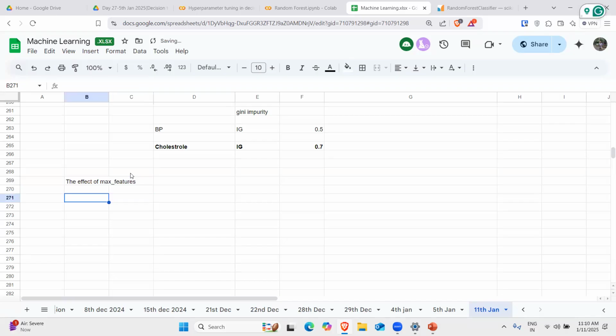So you learn that there's an optimal value of max features.